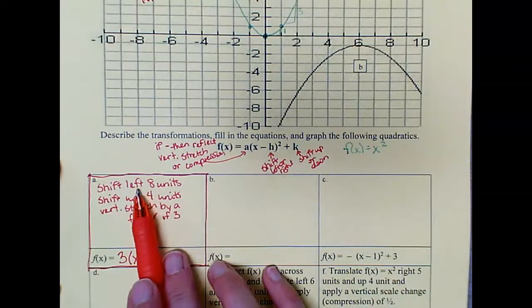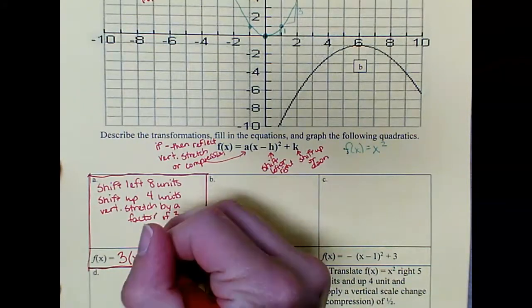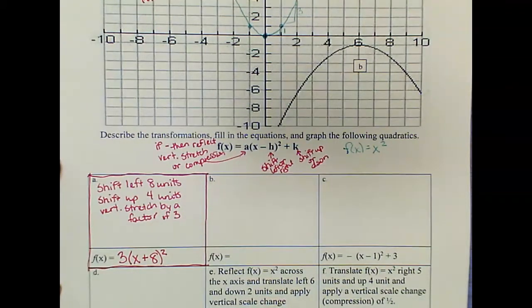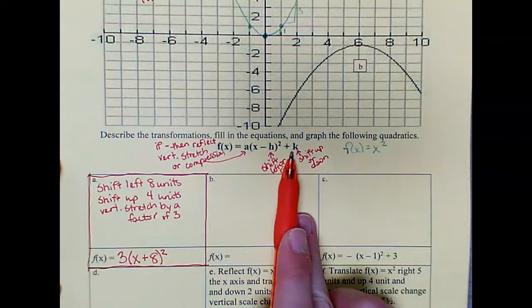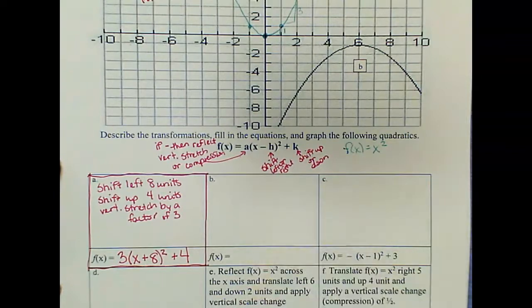Well, I shifted to the left 8, so instead of putting -8, I'm going to put +8 squared, because everything in parentheses is a lie. And then how much did I shift up or down? I shifted up 4, so I should add 4. And that creates my quadratic transformation equation. Not too bad, right?